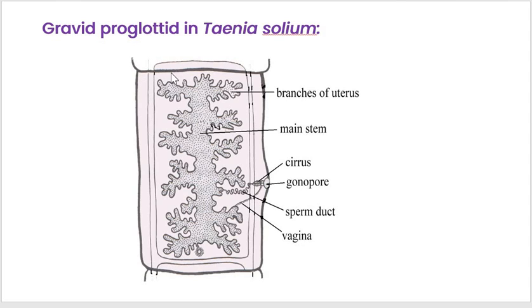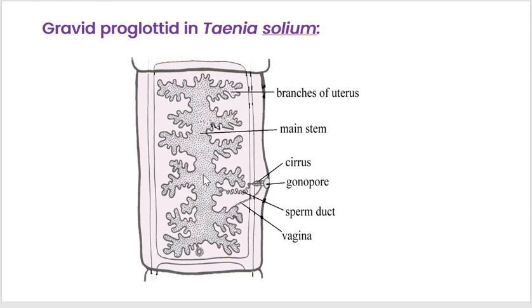After that, in this gravid proglottid all the other organelles degenerate, and only the uterus survives. Here you can see the branches of the uterus; this is the main stem of the uterus. Here you can see the gonopore, here the sperm duct, and this is the vagina.